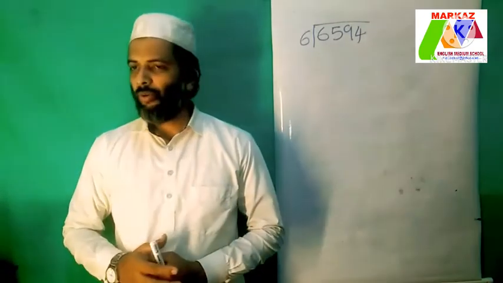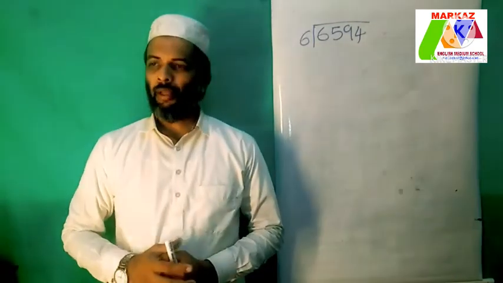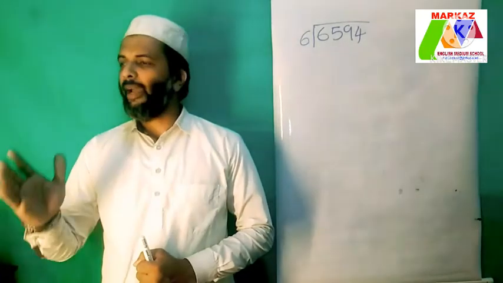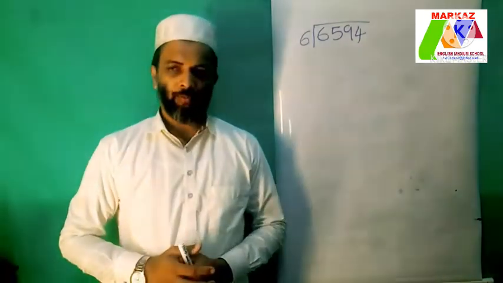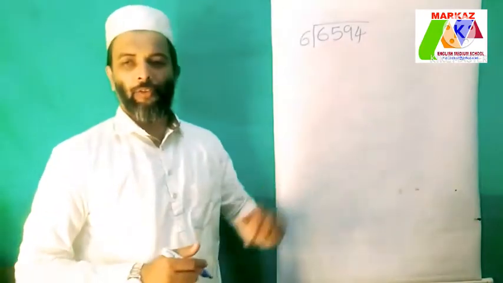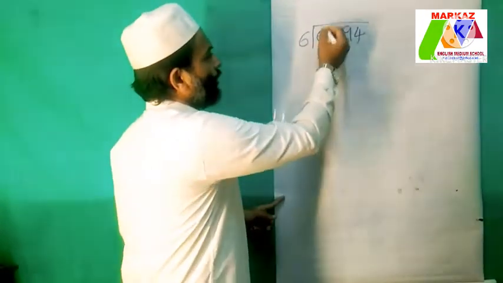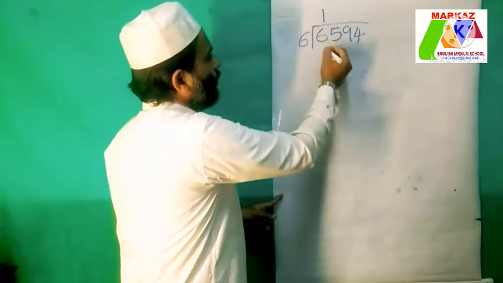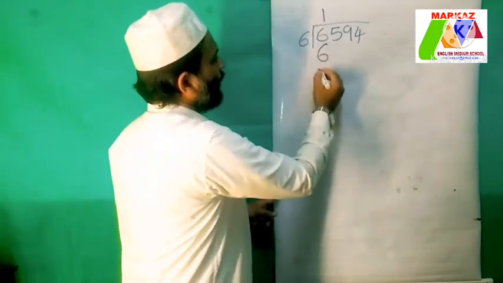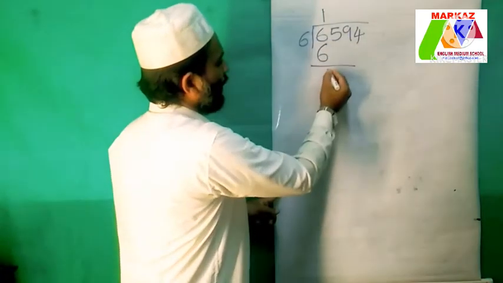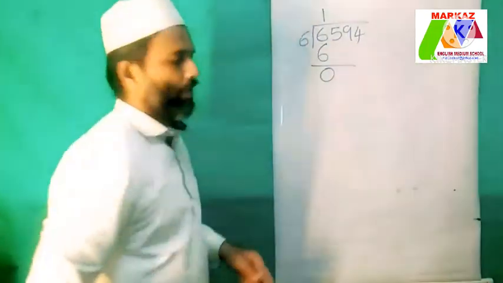Okay, listen here. I'll now write the steps on the board. Make sure you get the answer written on the board. 6594. How many 6 in 6? One time. 1 into 6 is equal to 6. Then subtract 6 minus 6, 0.